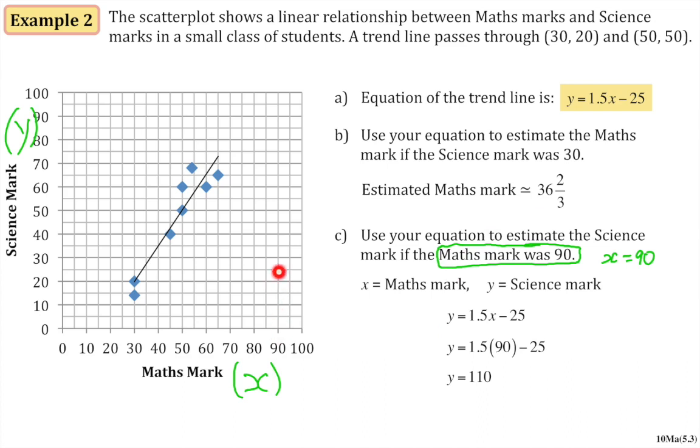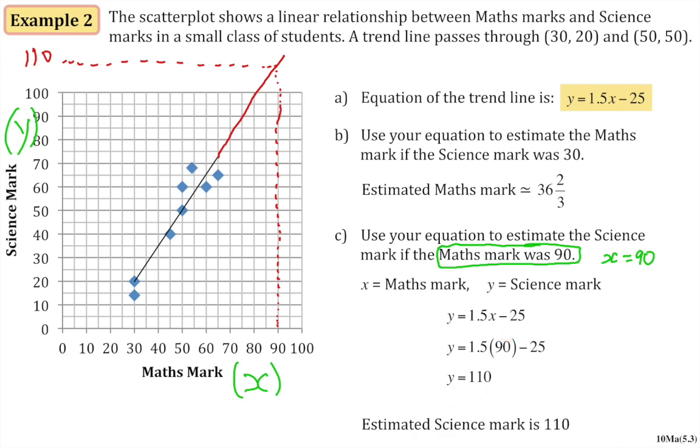There's a maths mark of 90 out here, and imagine this line continuing through. You look at a maths mark of 90, I'd be coming across, and you'd expect a science mark of 110 according to this answer. So the estimated science mark would be 110.